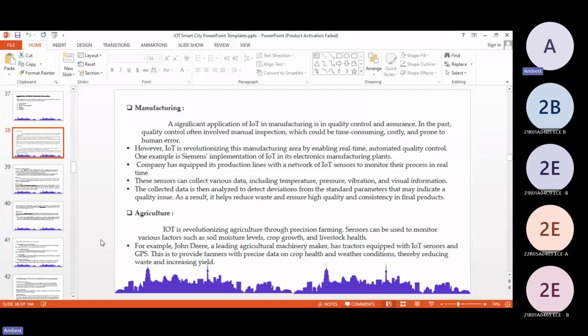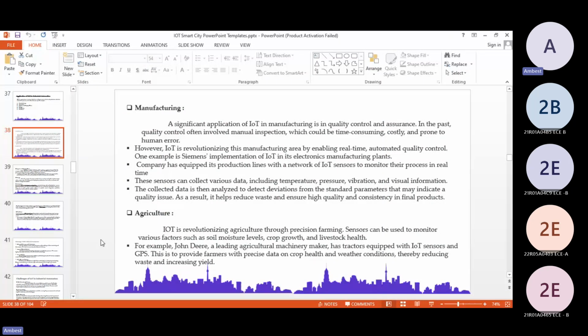These three major factors it concentrates upon. It helps with pH levels, soil moisture levels, and crop growth, with recorded data on how well the seeds and fertilizers are being applied, and how it takes care of livestock health.